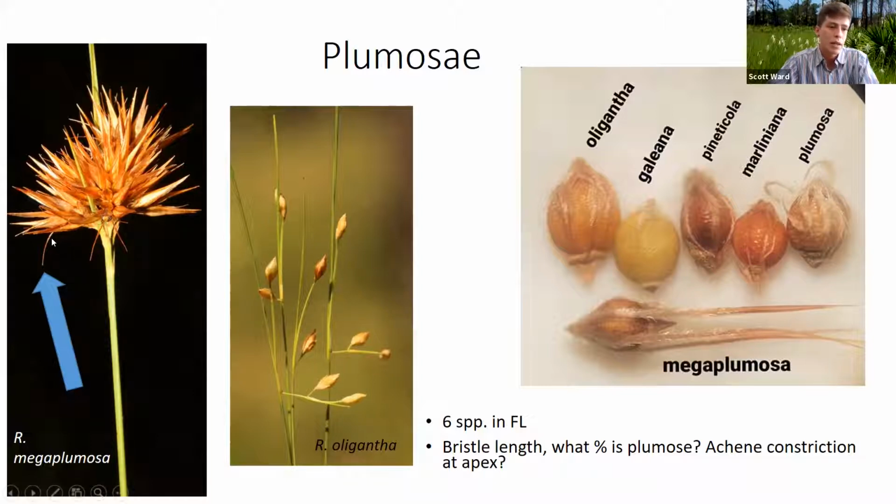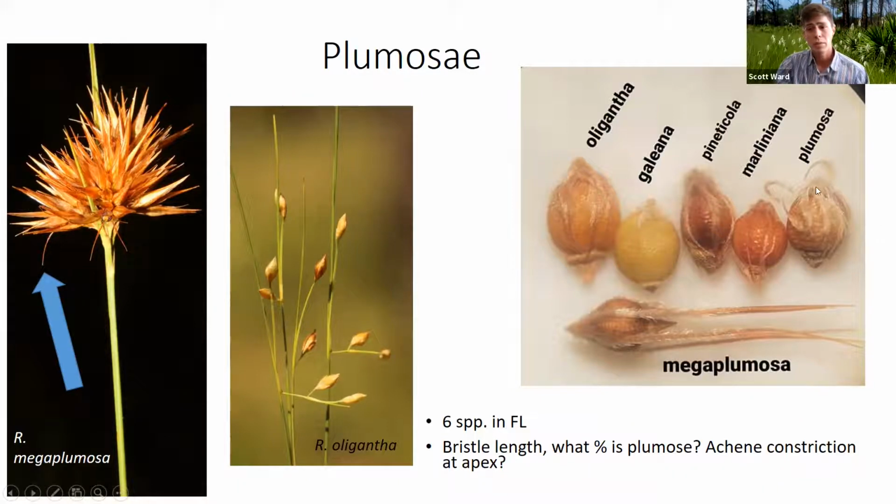But you can see here, the bristles are actually so long that they protrude from the actual scales. And here you can actually see the tubercle and the achene below. If you look at this achene closer up, you can just see there's no mistaking the species. Basically restricted to like 4 counties in peninsular Florida in these scrubby kind of habitats. So it's a localized endemic, but really neat looking, especially compared to the other Plumosae.